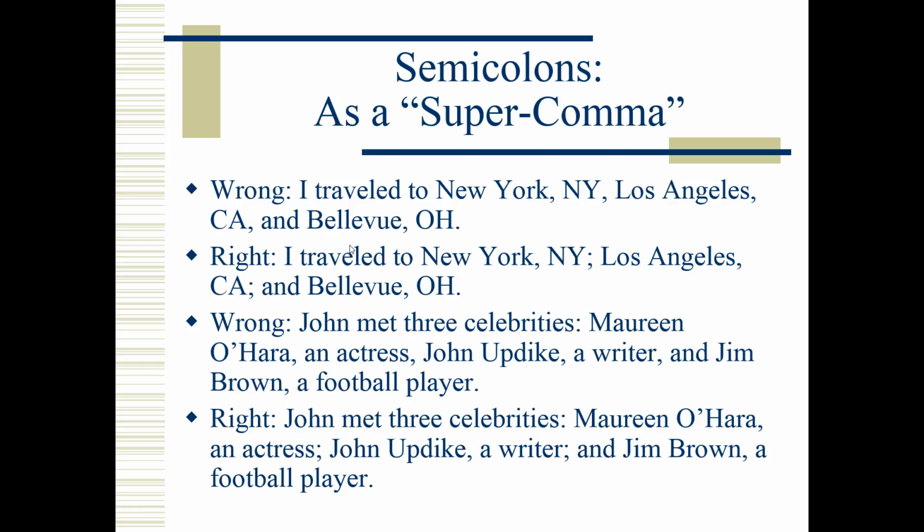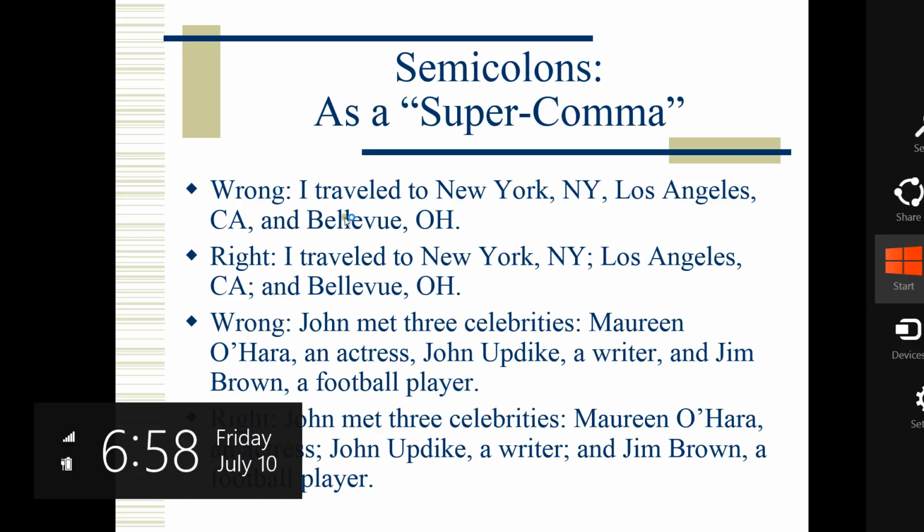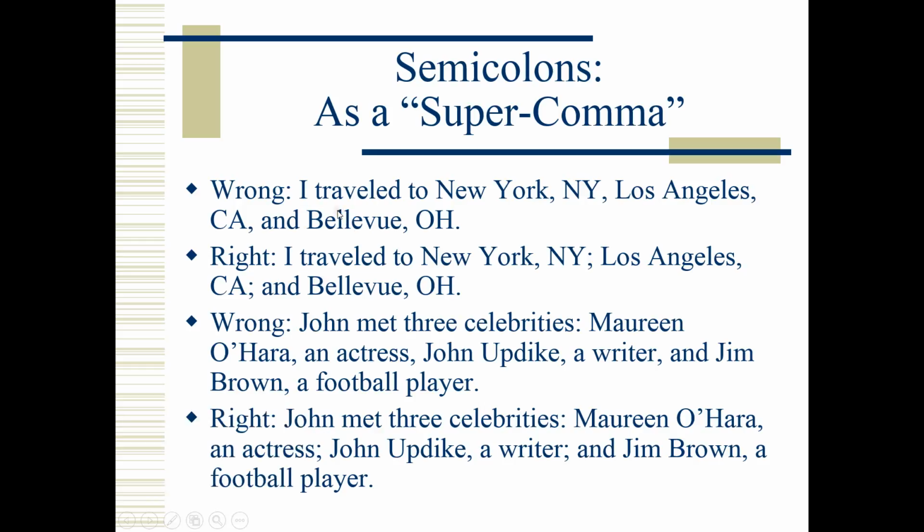So, now look at the two sentences. And on a very basic level, see how in the grammatically incorrect sentence here, all these commas between the city and state designations kind of run together to the point that a reader could potentially lose focus on what you're trying to express versus in the sentence here.